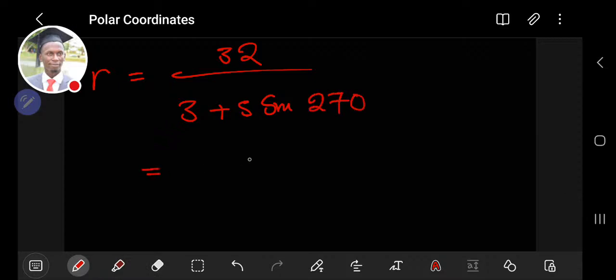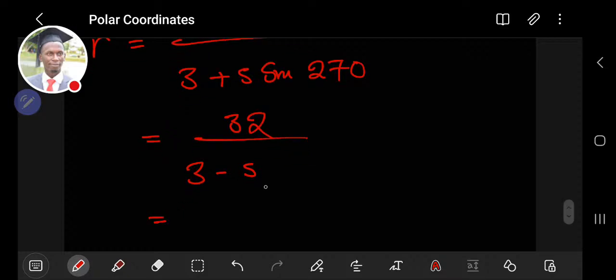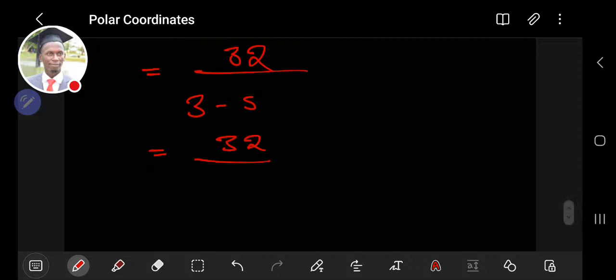So in this case, what are we going to have? This is going to be 32 over, this is going to be 3. Sine 270 is going to be -1. So this becomes -5. Then when we plug in the value and subtract, this ends up giving us -2.